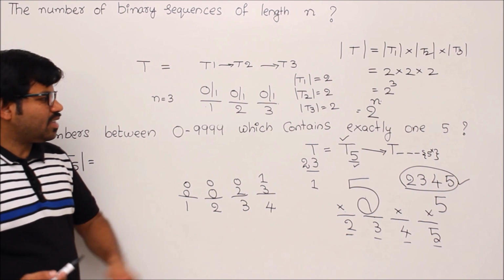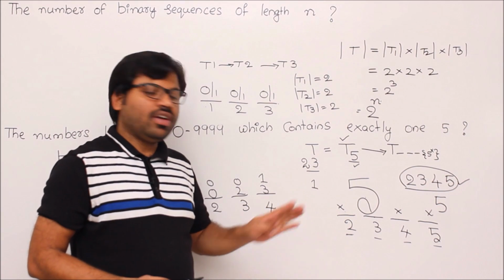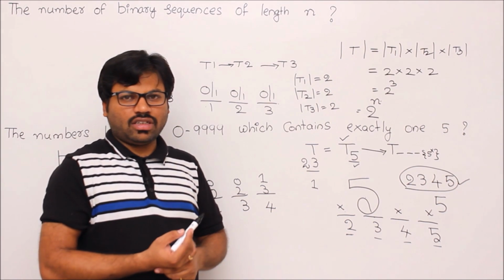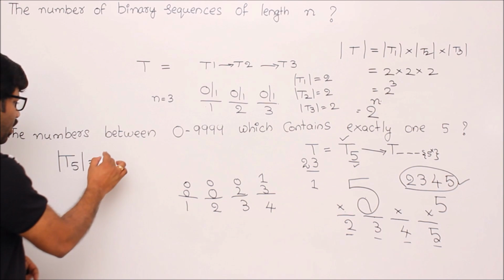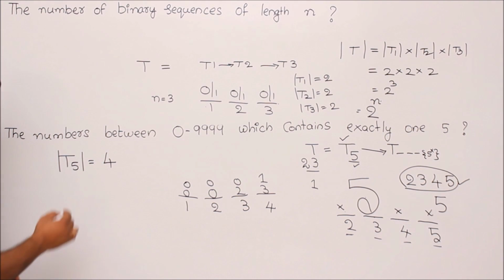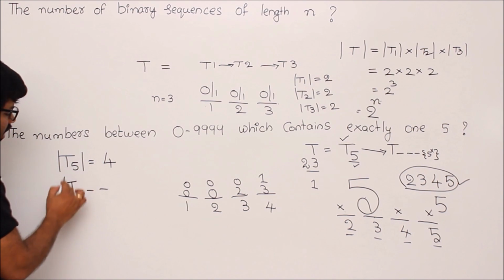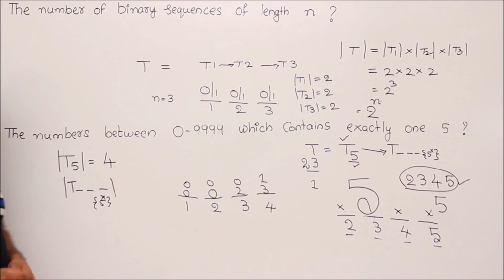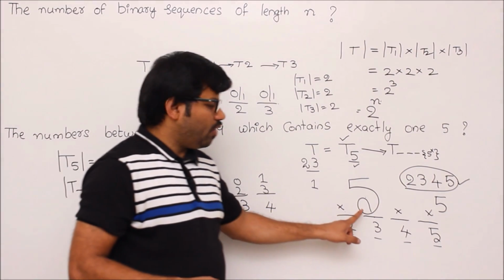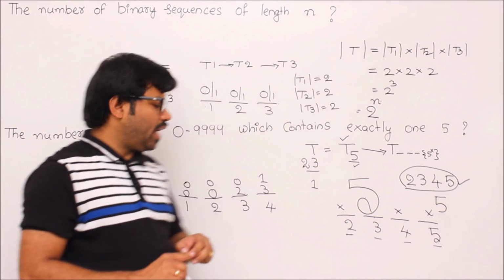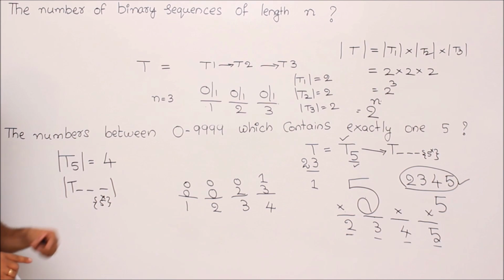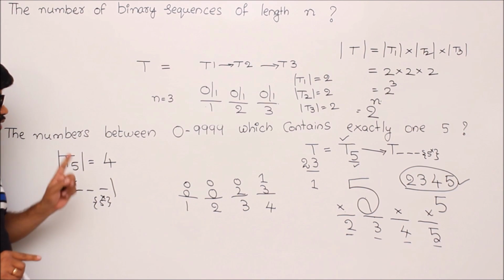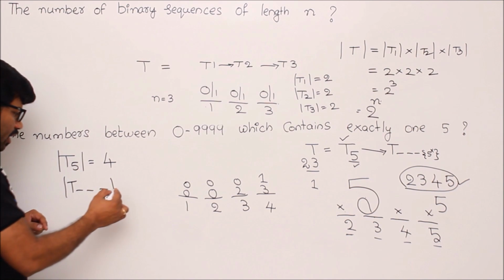Since you know that the task T5 is nothing but filling 5 somewhere in 4 positions, then you will have 4 options, isn't it? Now T triple dash. So T triple dash is like this, without 5, correct? Once you fill 5, then the other 3 positions should be filled, correct? So already 5 is filled, then you have 3 positions.